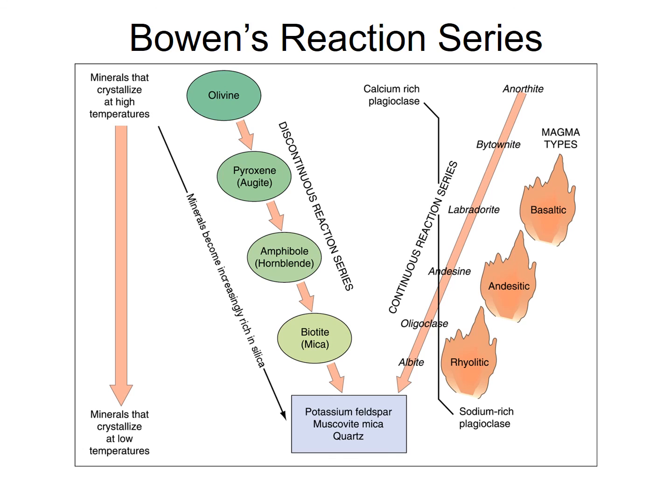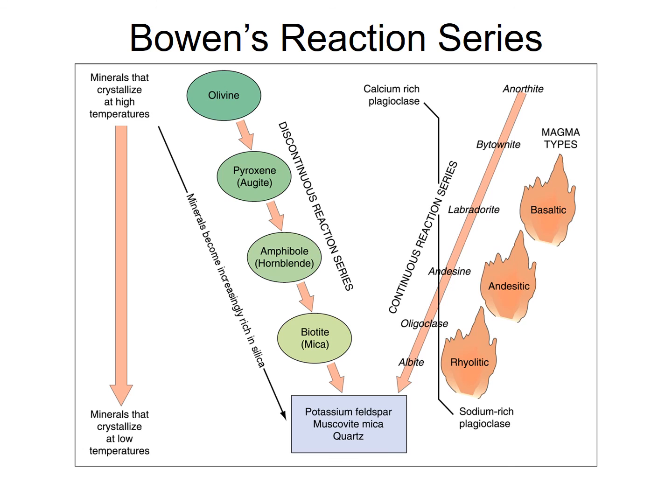Minerals form in the magma chamber during igneous rock formation. Bowen's reaction series explains the formation of minerals at specific temperatures. In other words, some minerals form at higher temperatures and some minerals form at lower temperatures from different types of magma.